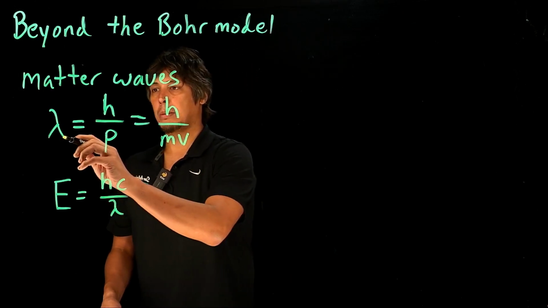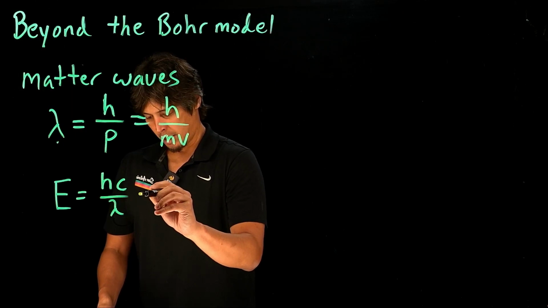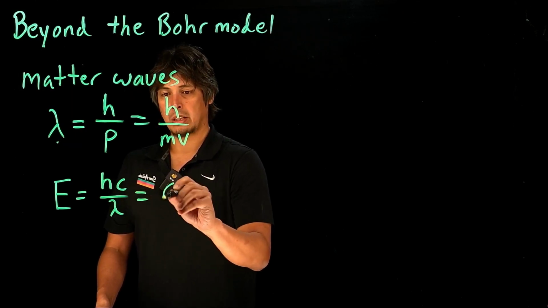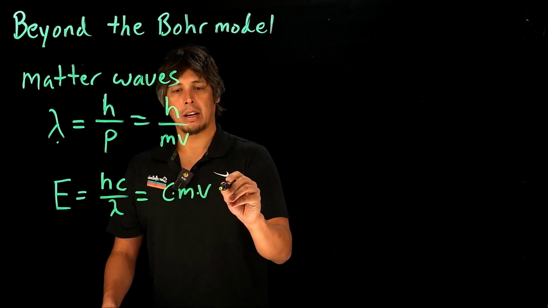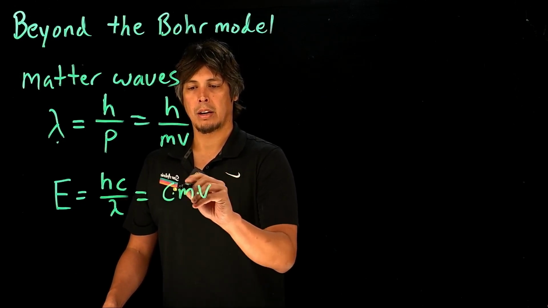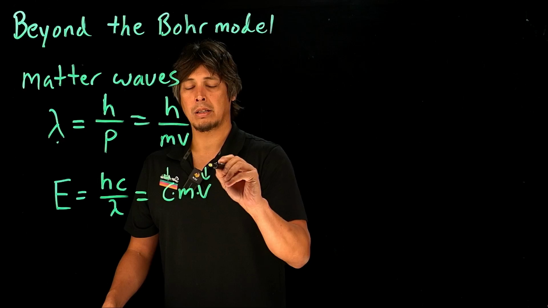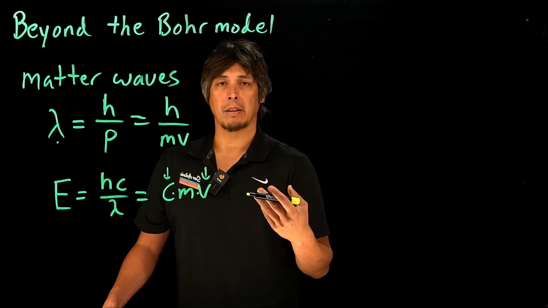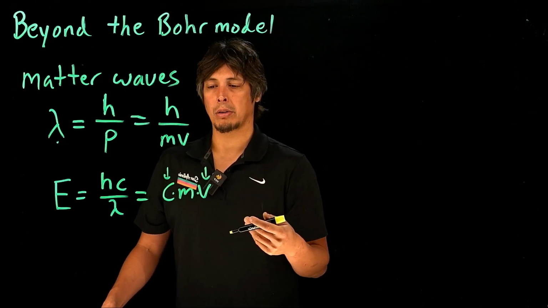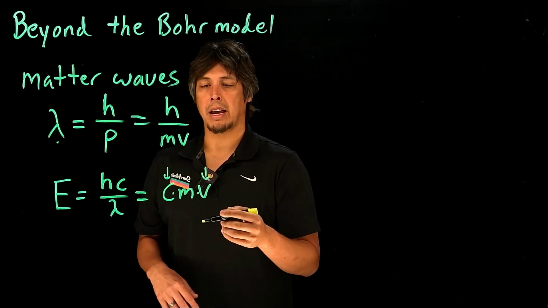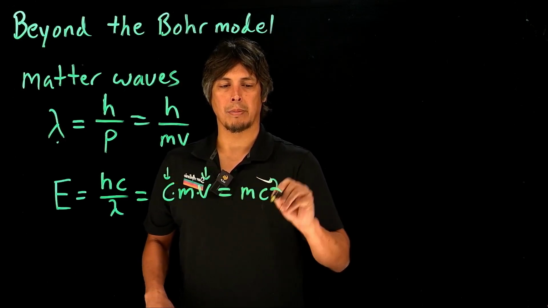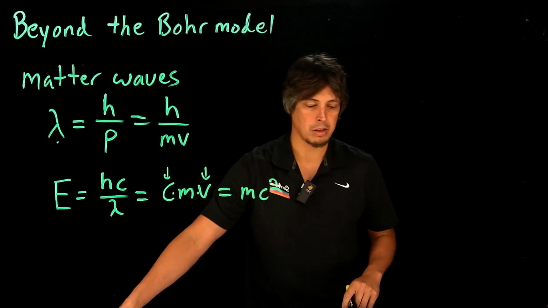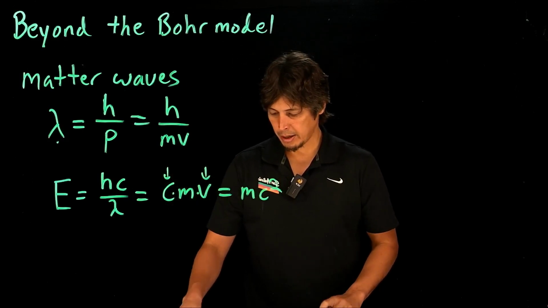If we then substitute lambda in here, what we get is E equals cmv, where c is the speed of light and v is also the velocity of the particle we're looking at. So that is actually still c, and so what you get is E equals mc squared, which is the famous equation from Einstein.